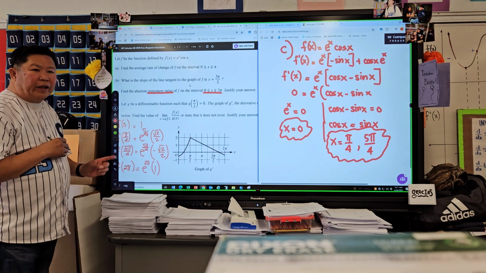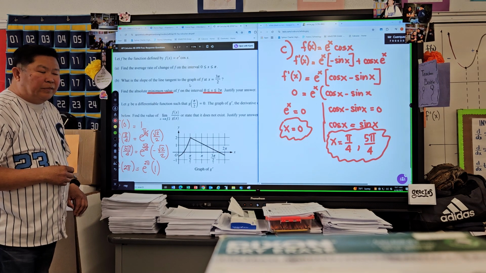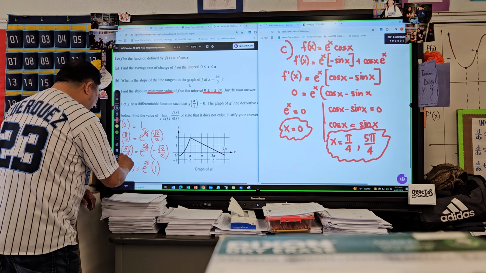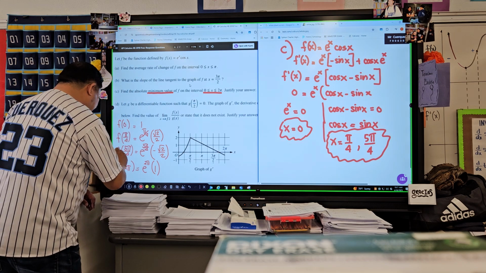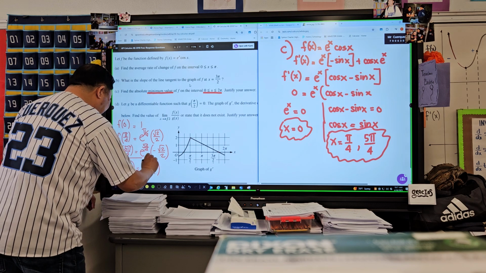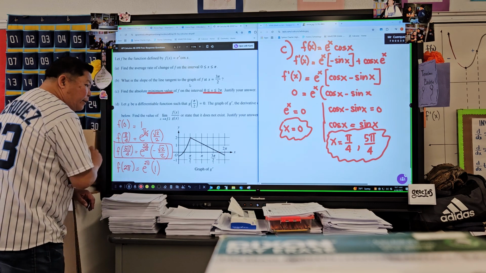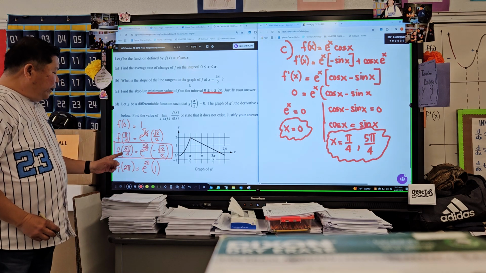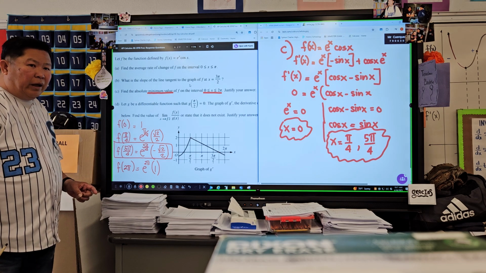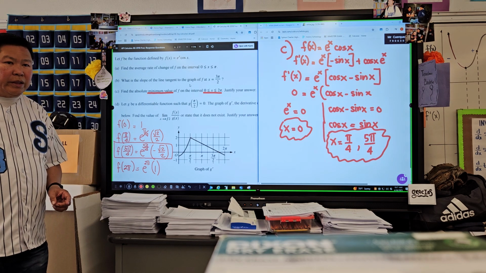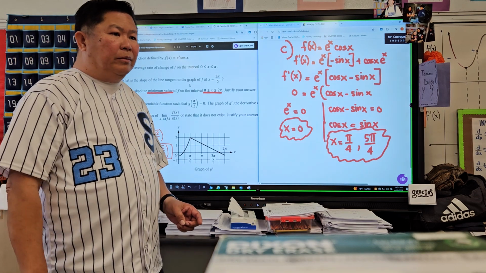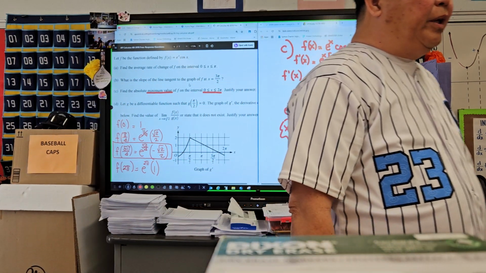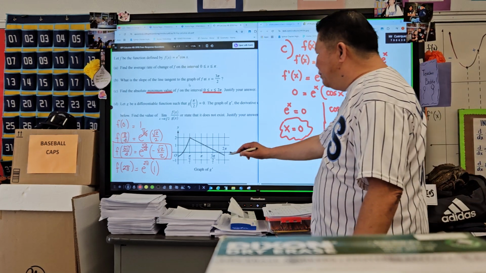So, which of these is the minimum? This one, because this is negative. So the final answer is that at x equals 5 pi over 4 is the minimum.